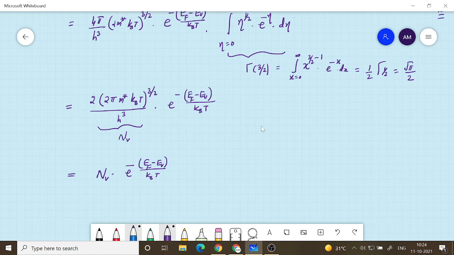So comparing this with the other expression, which is dV of E into e raised to minus, sorry, what was it?